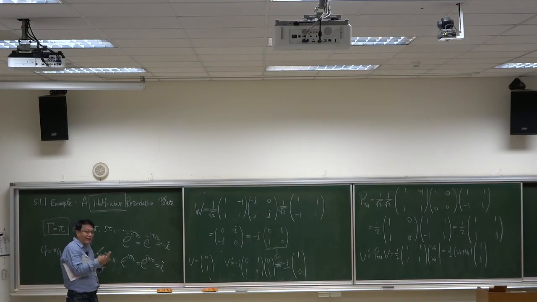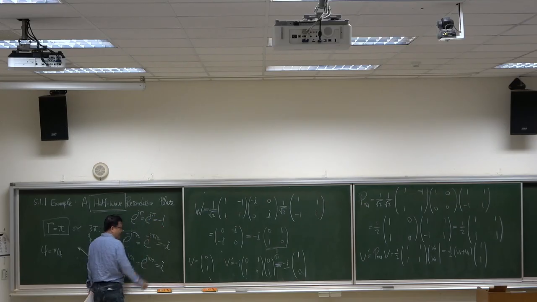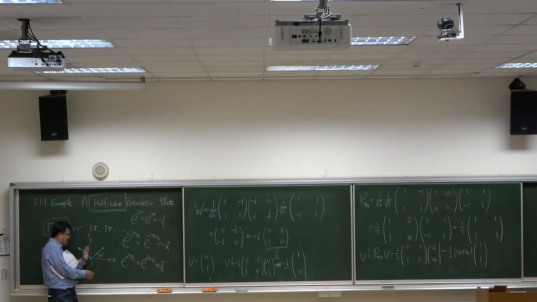Pi means a negative sign: exponential i gamma is exponential i pi, which gives us a minus sign. What does a minus sign mean? If we keep one component unaltered, then we change the other component to its negative. So suppose I keep this component unaltered, and I change this component to its negative.